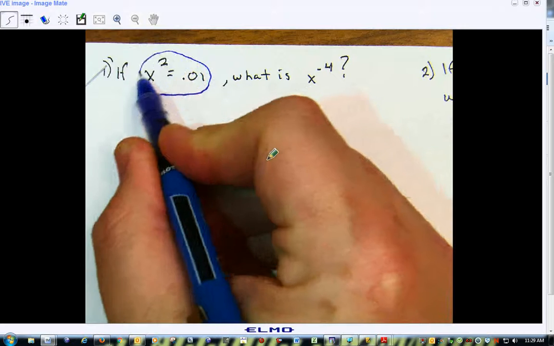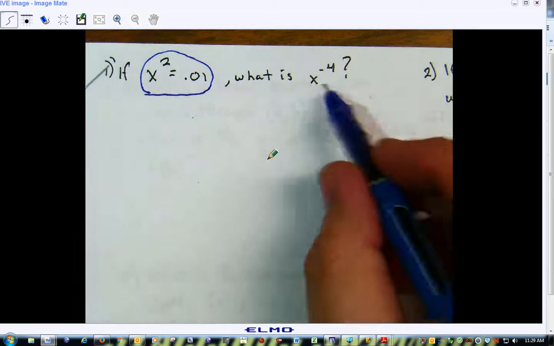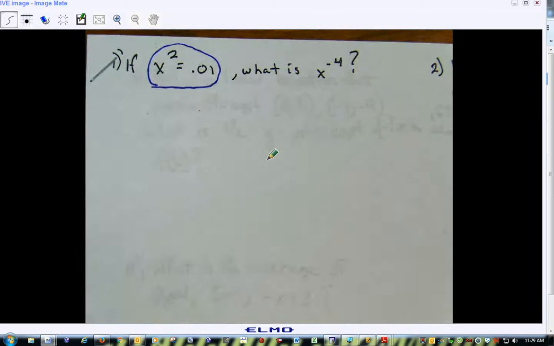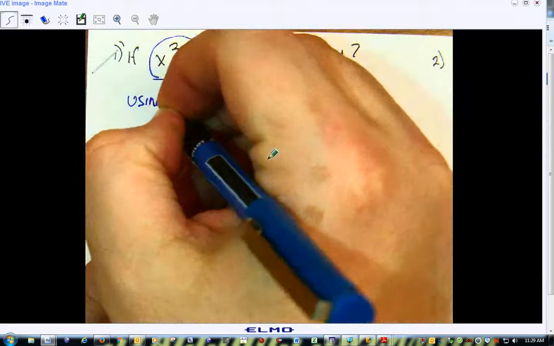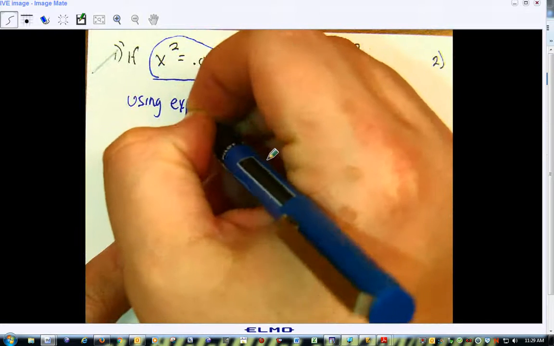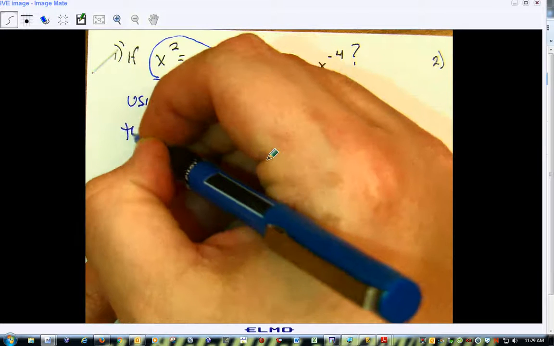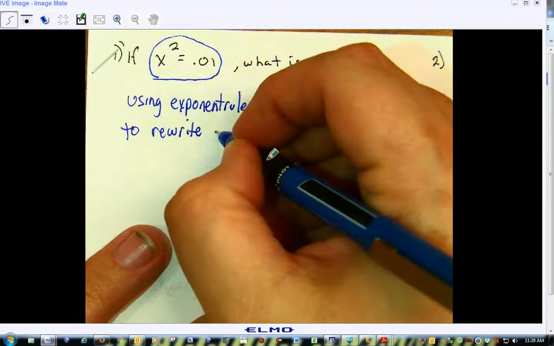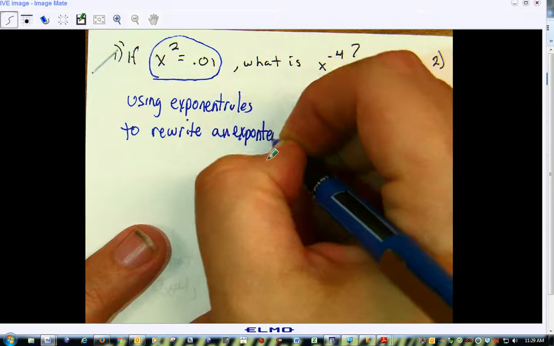We know that x squared is equal to 0.01. And now I have x to the negative fourth power. Now, if you see a problem like this with exponents, this is where you're going to use exponent rules to rewrite an exponent.